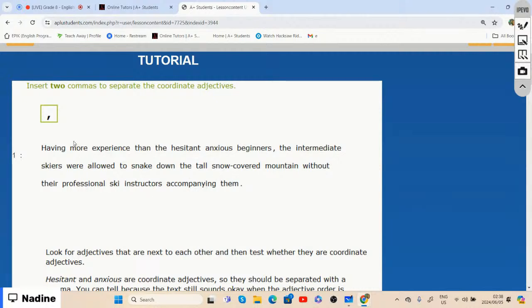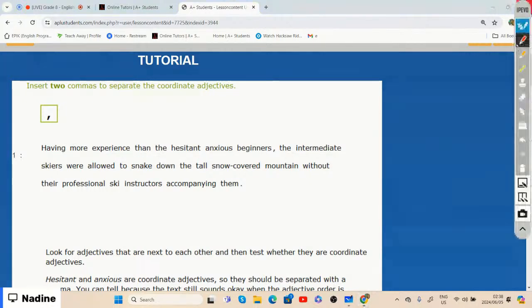It says, here we first have having more experience than the hesitant, anxious beginner. So here we're going to add a comma by hesitant, comma, anxious beginners. The intermediate skiers were allowed to snake down the tall, comma, snow mountain without their professional ski instructors accompanying them.